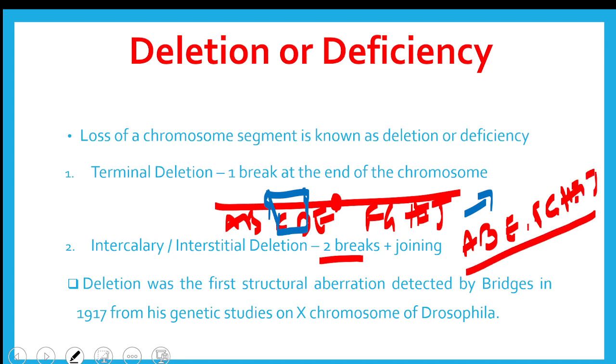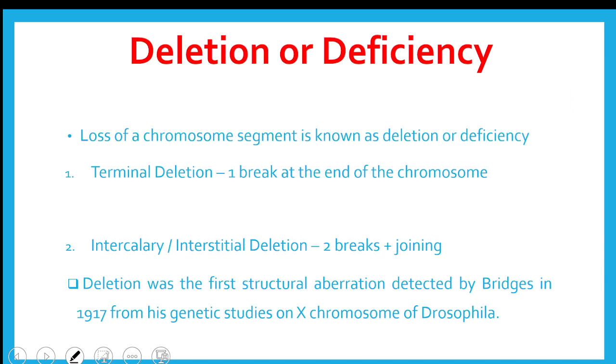So there is shortening. The chromosome which was this long, due to the loss of the CD segment, decreases in length. It involves two breaks, one here and the other here, followed by rejoining between these two. And such a deletion is called an intercalary or interstitial deletion.